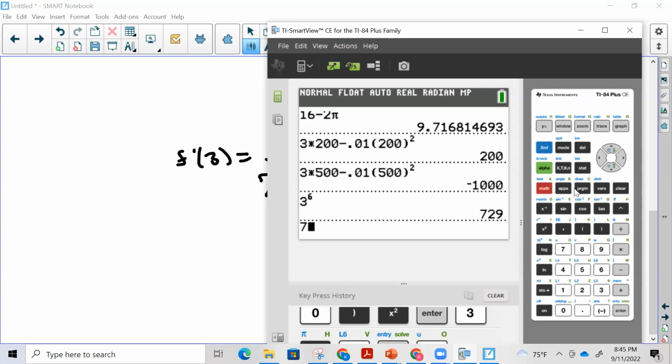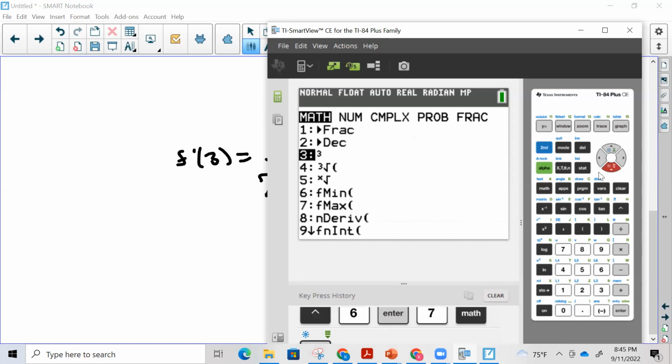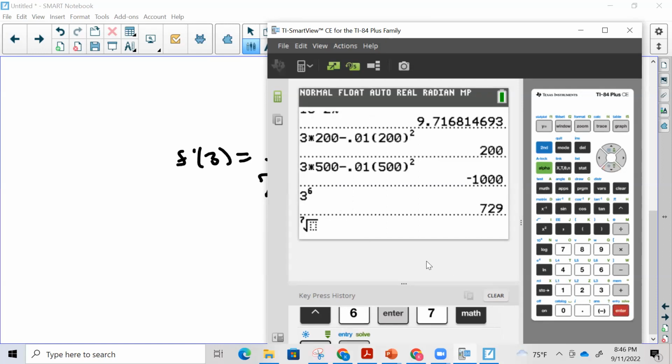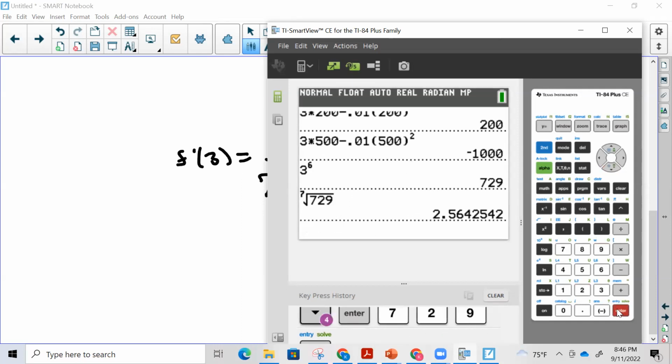You go to math, you go down to number 5. The cube root and square root are on the main keys, but if it's any other root, you hit whatever the index is, and you go down to math number 5, then type in the number that you want, 729, and hit enter. And so I get 2.56.